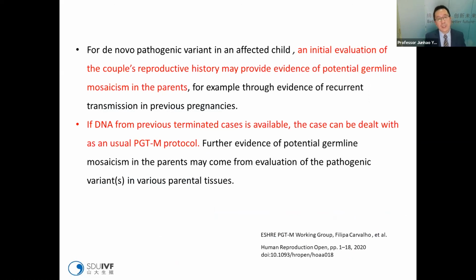If DNA from previous terminated cases is available, the case can be dealt with as an ESHRE PGT-M protocol. So further evidence of potential germline mosaicism in the parents may come from evaluation of the pathogenic variants in various parental tissues.